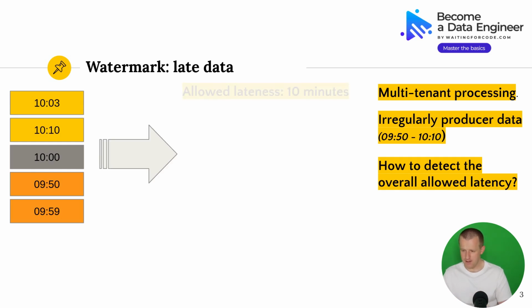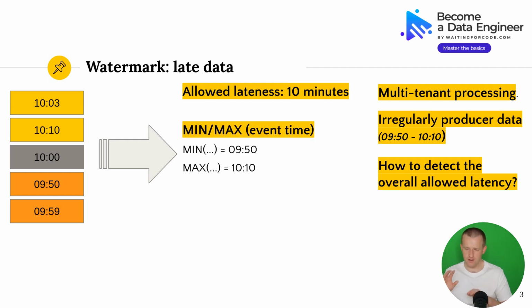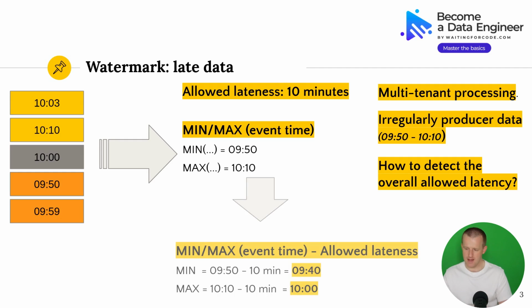So data is coming. You say that you allow data for a latency of 10 minutes, and you apply this algorithm. You generate the mean event time, the minimum and the maximum event time, and later you subtract the allowed latency from the value for the strategy you use.